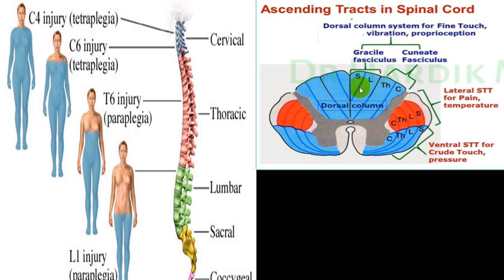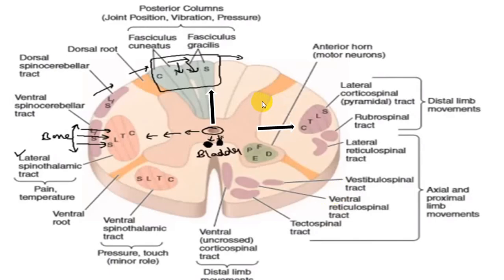And this is called the posterior column or dorsal column. This will be the lateral column, and this will be the anterior column, and this is called the anterior commissure. So these are the different portions. This is white matter, this is also white matter, this portion is also white matter, and the central small hole we call the central canal.